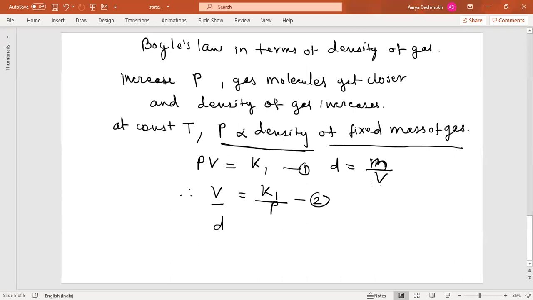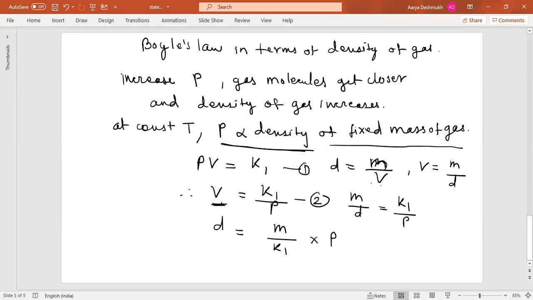So in terms of D, we can write D will be equal to M upon K1 into P. What did we do? We just wrote this equation in terms of P because D is equal to mass upon volume. So we can write V will be equal to M upon D.